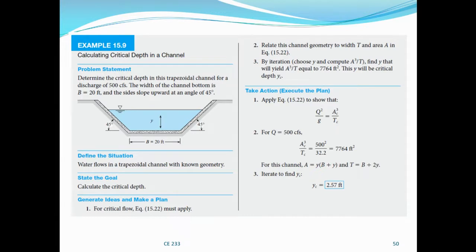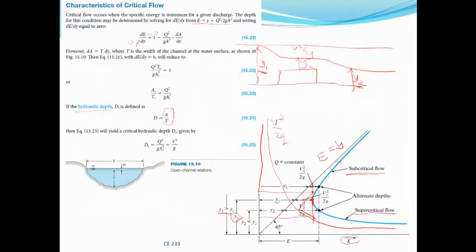To determine the critical depth, in this case, we relate to the channel geometry, top width and area. Remember this equation.